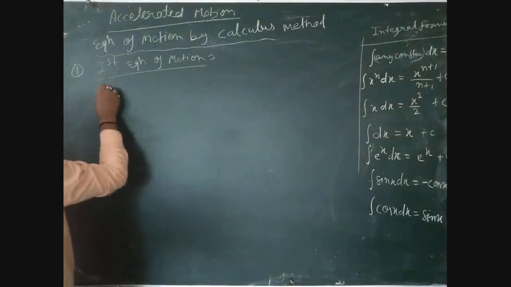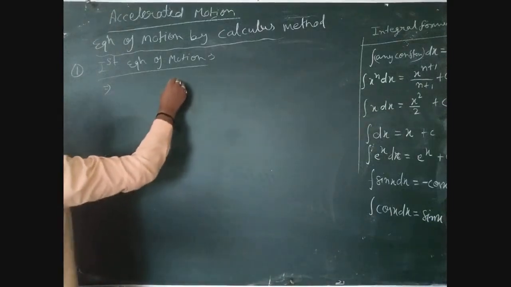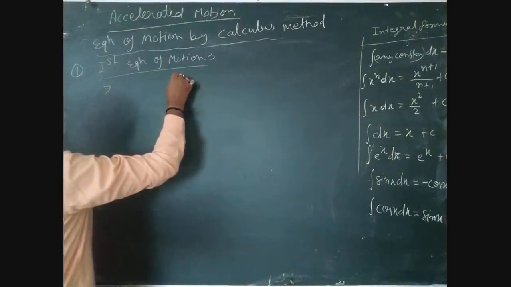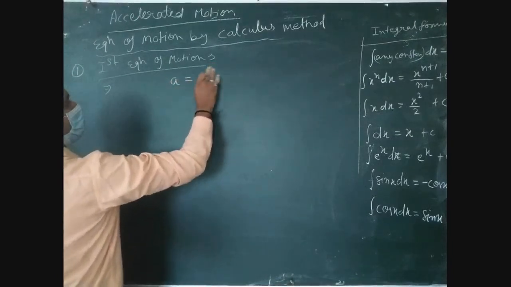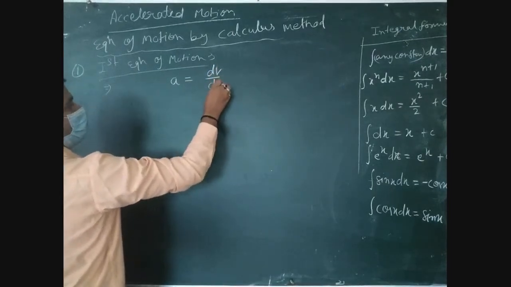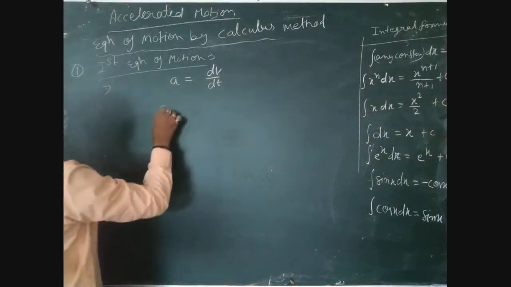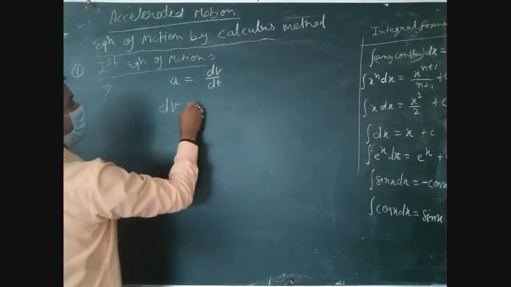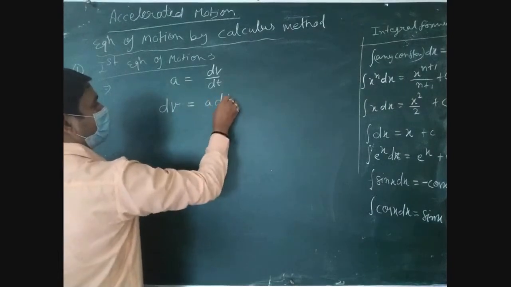So first, for calculating the first relation, we have acceleration given by a equal to dv upon dt. Now multiplying by dt, you will get dv is equal to a dt.